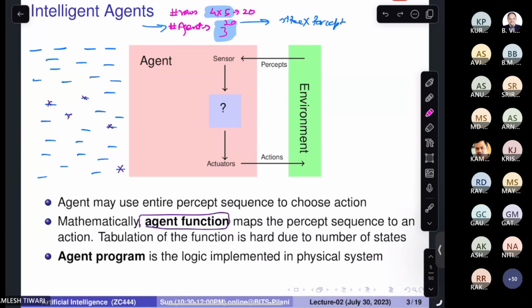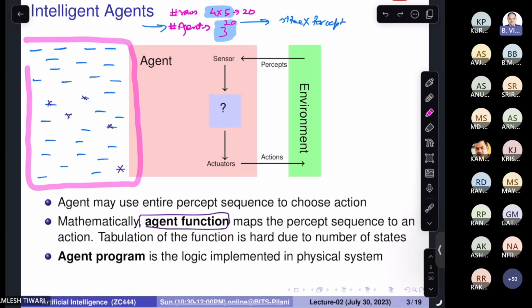Everybody is okay that there are 3 to the power 20 different functions. Though there are 3 to the power 20 combinations, not all the combinations will be able to take any action, depending on how the system behaves.